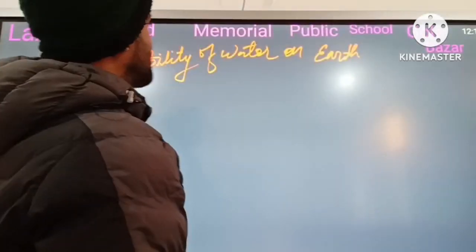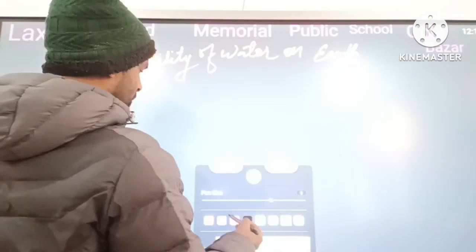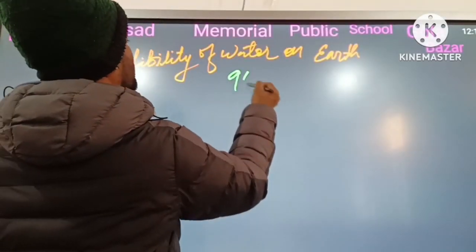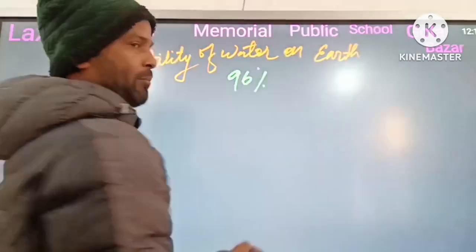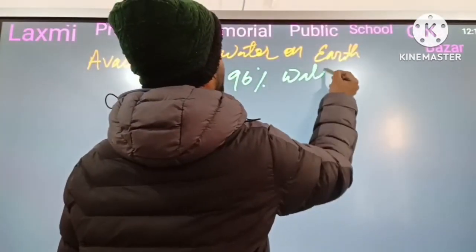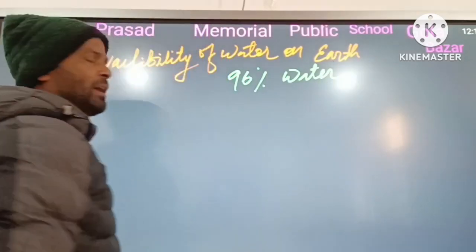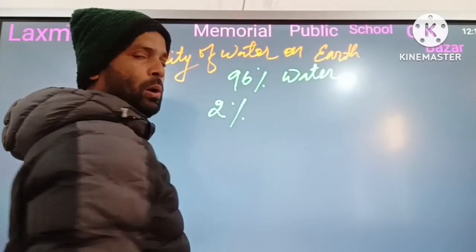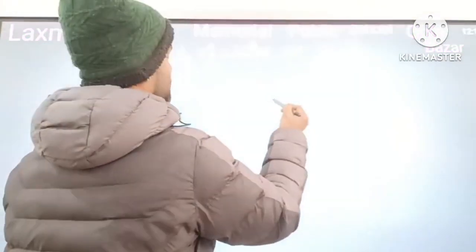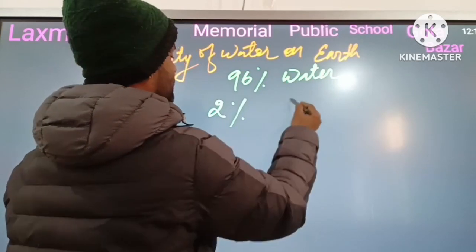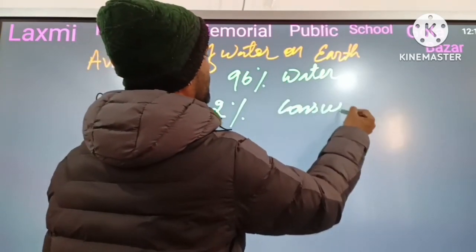Actually, our earth is covered by approximately 96% water, and only 2% of all the water is consumable.